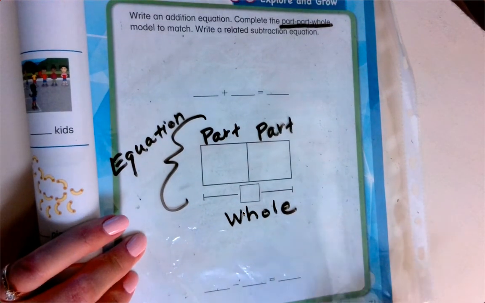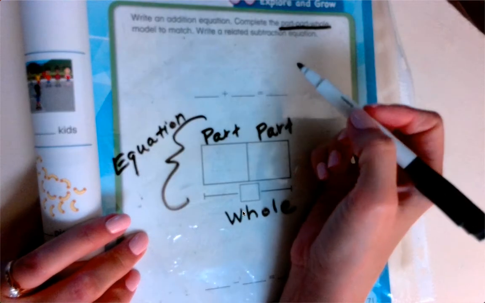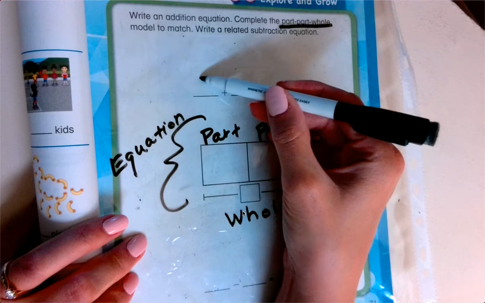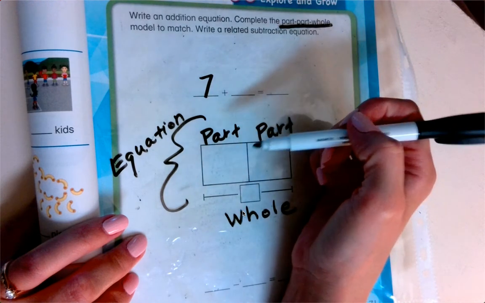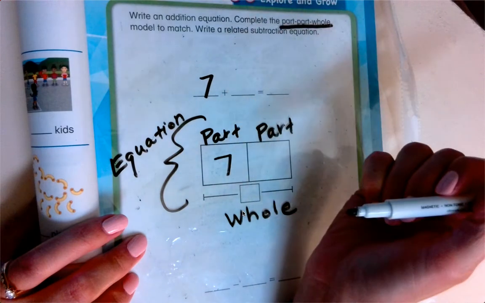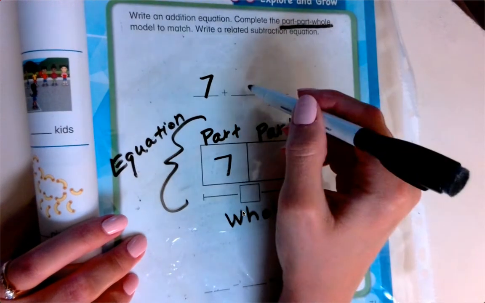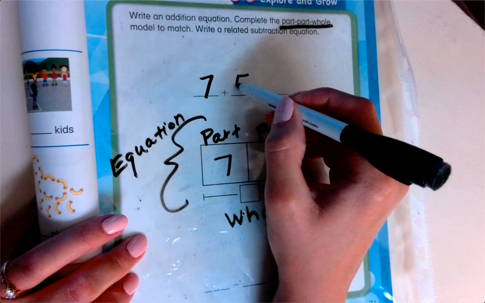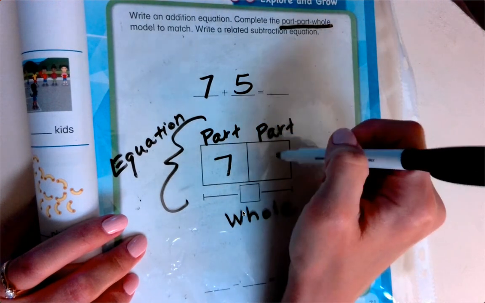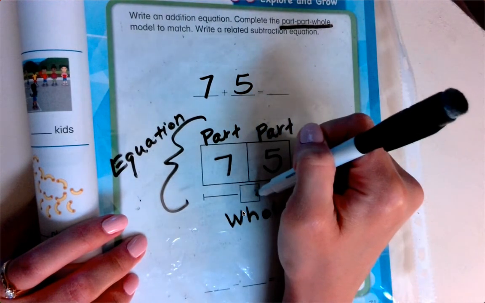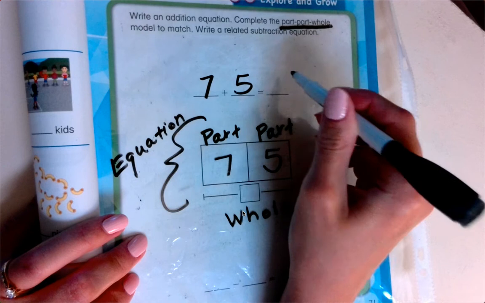Okay, so we're just going to make up an equation. Let's say one part of it is 7. So I'd put 7 because that's part of it, right? And then let's give another number, let's say 5. So the other part is 5. Now the whole down there is going to be what it equals over here.